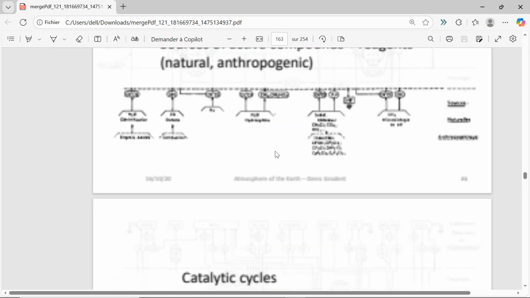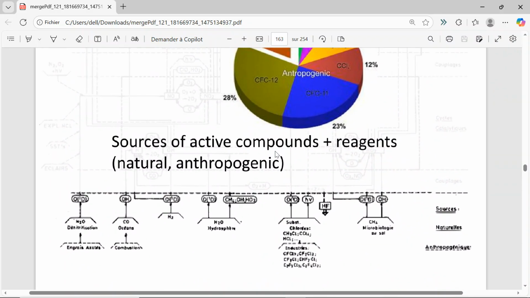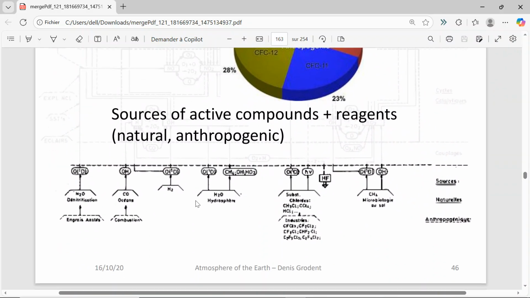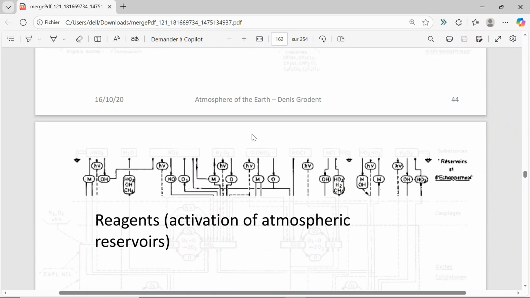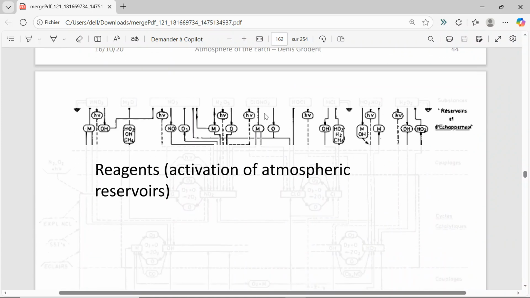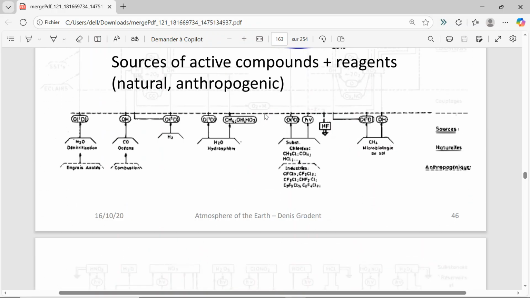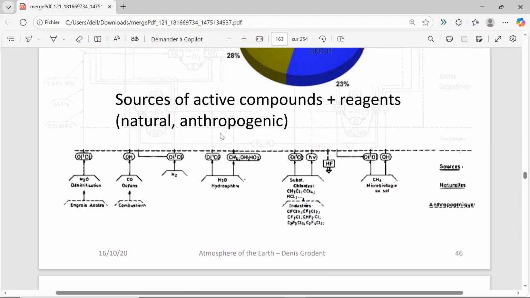That's the main way of activation of those reservoirs. On the very lower part of this graph, you have the source of active compounds. Active compounds are very important because you cannot have reservoirs if you don't have active compounds at the beginning. So the release of those compounds is the unique source of destruction of ozone.